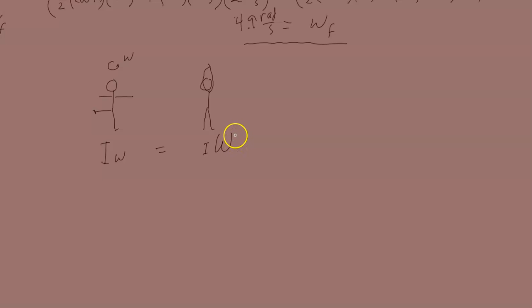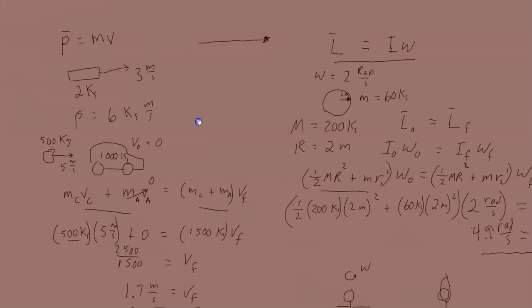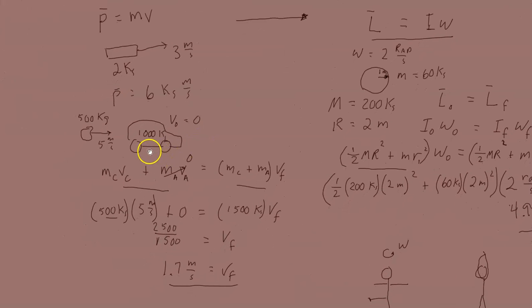You can see that with lots of sports. If somebody wants to increase how fast they spin, all they got to do is tuck. You see it in gymnastics. If you want to spin faster, you tuck. As with the momentum problem we did earlier, this is only conserved as long as there's no outside forces. In this problem we did, no outside forces means momentum is conserved.